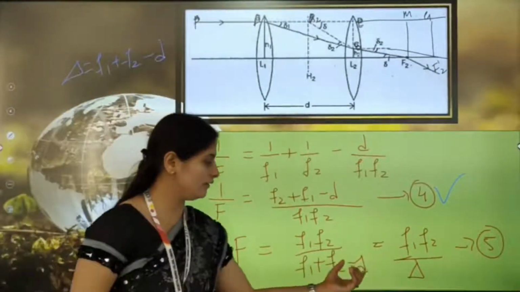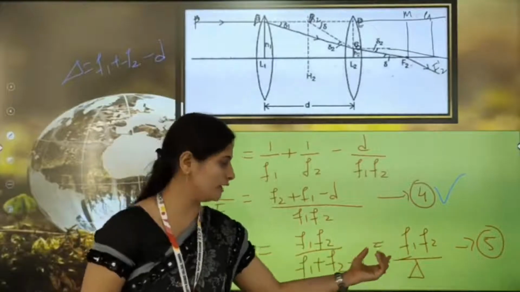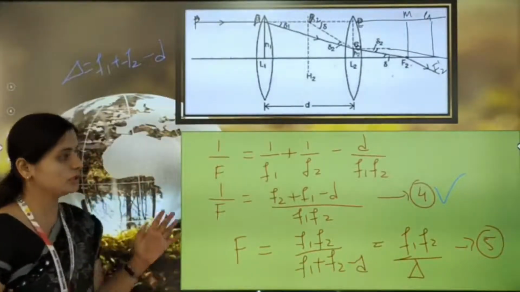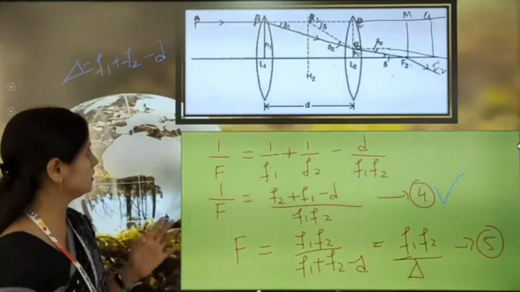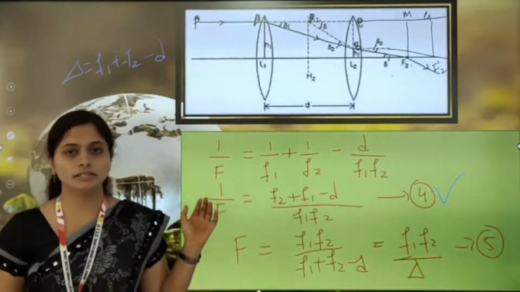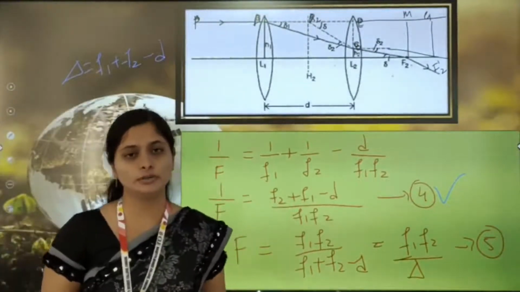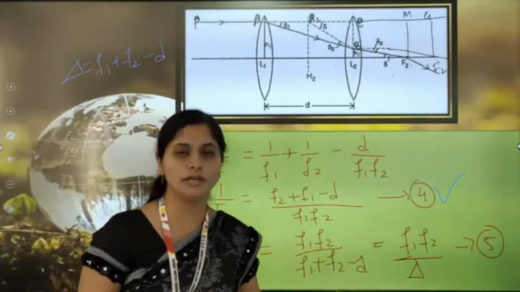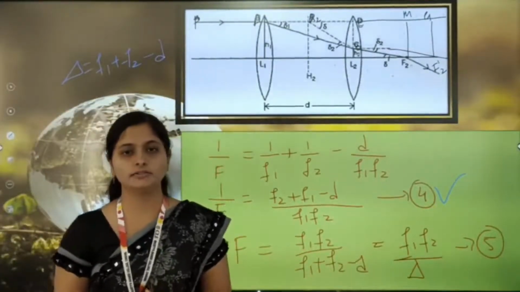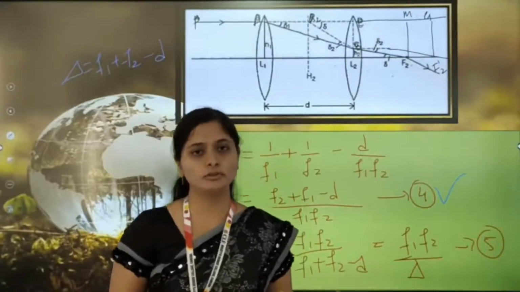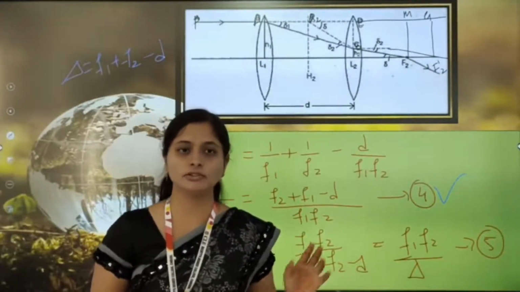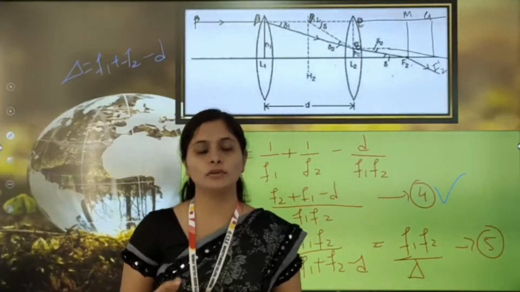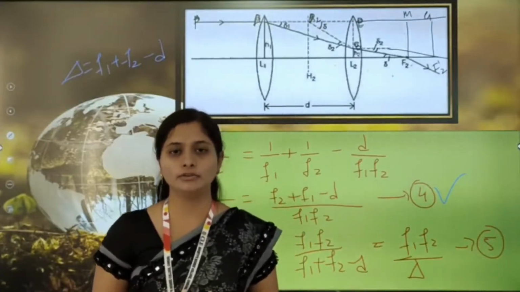That's why we can write f1 f2 divided by delta. So this is the proof of today's derivation. In this we have solved up to equation number 5, that is the focal length of the equivalent of two thin lenses separated by a distance. So we are finding this. Okay, in the next class we'll continue. Thank you.